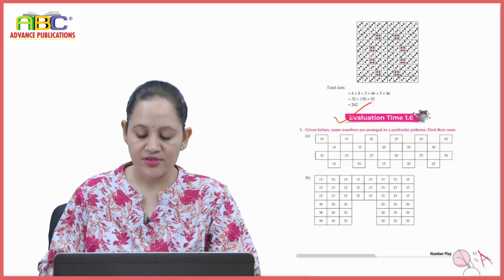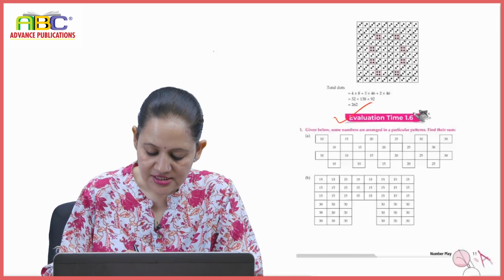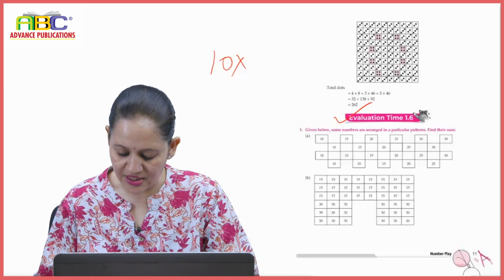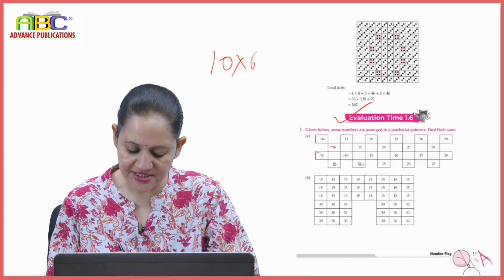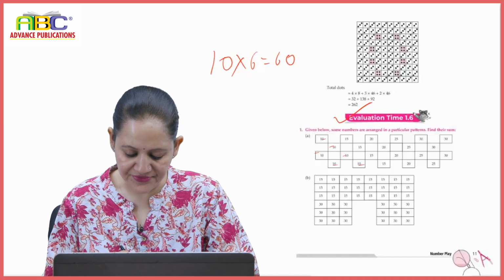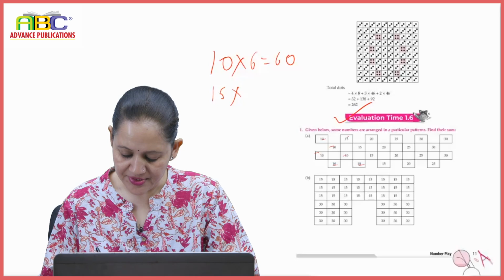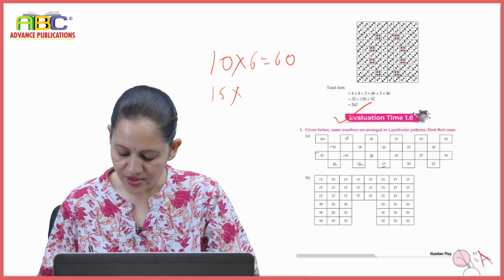Next, evaluation time 1.6. Given below, some numbers are arranged in a particular pattern. Find their sum. 10, how many times is 10 there? 1, 2, 3, 4, 5, 6, 6 times. So that is equal to 60. Then 15, how many times is 15 there? 1, 2, 3, 4.